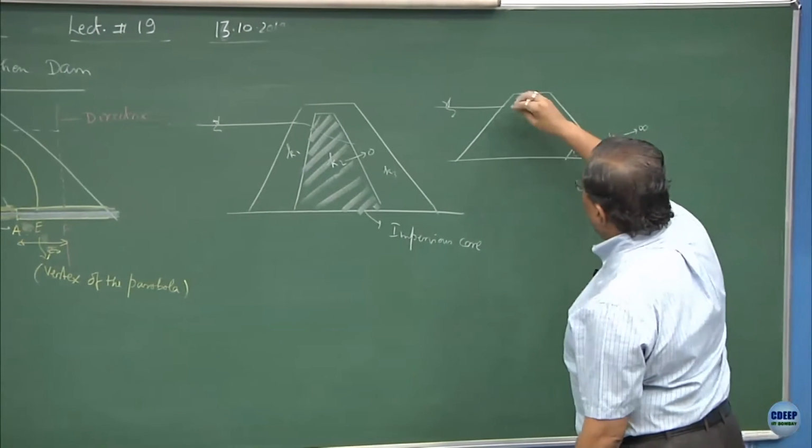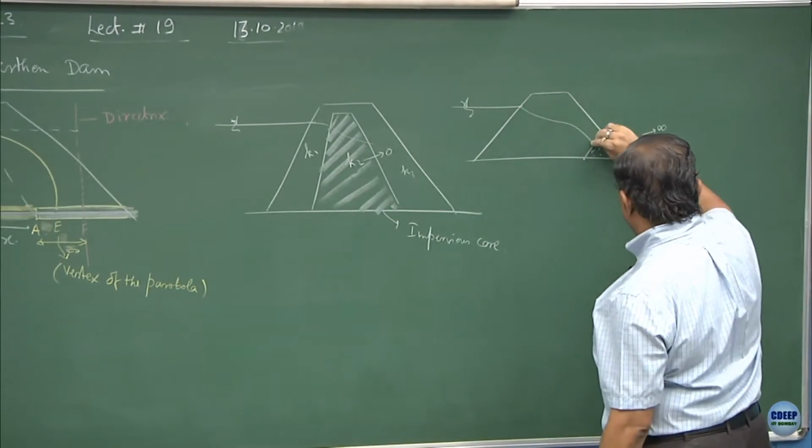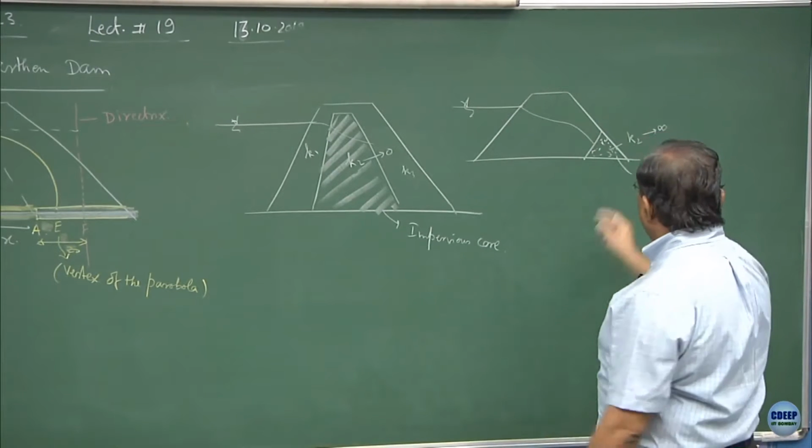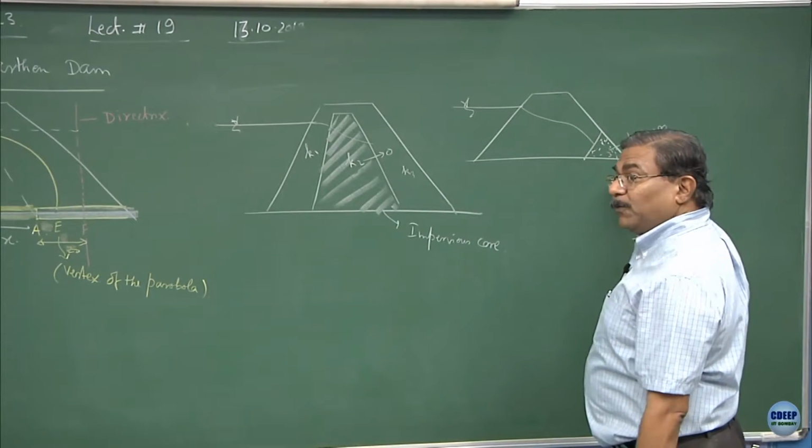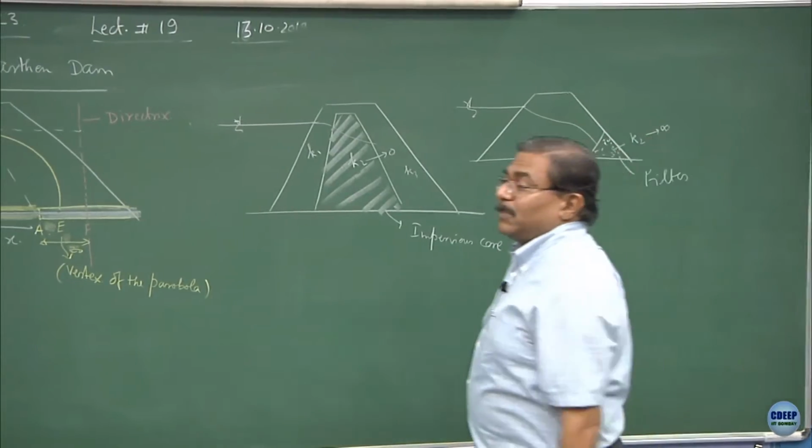Clear? What is going to happen? The top flow line will come, hit across this, and then it enters into K2. Whether it will enter into K2 or not is a big question.